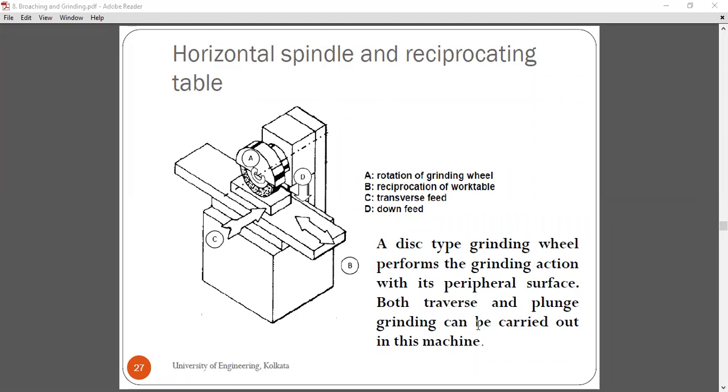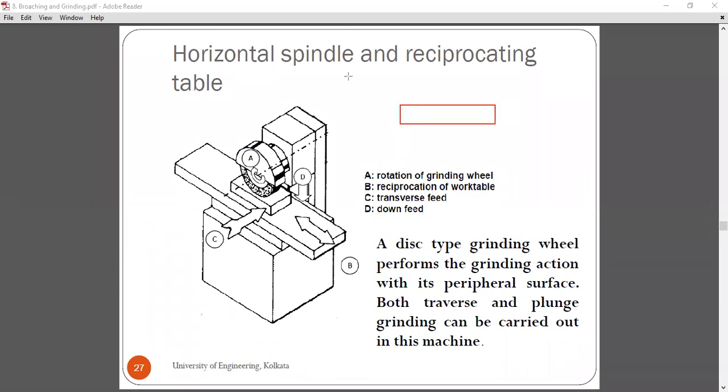Plunge grinding means the tool or the grinding wheel gets inside the workpiece, or enters the workpiece.